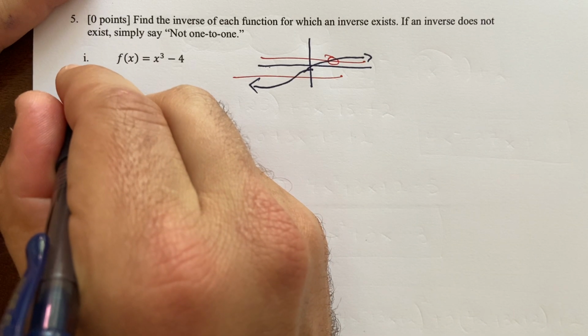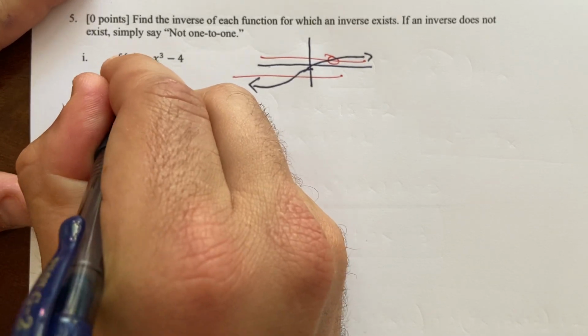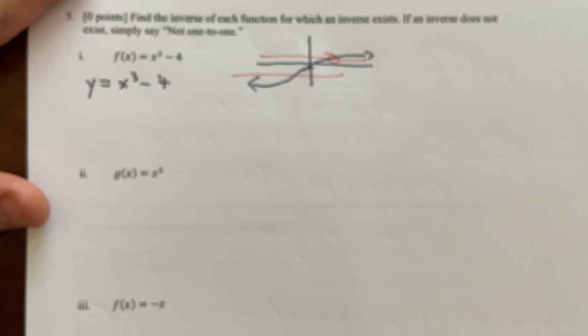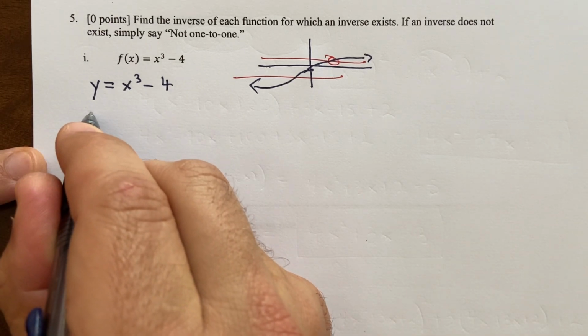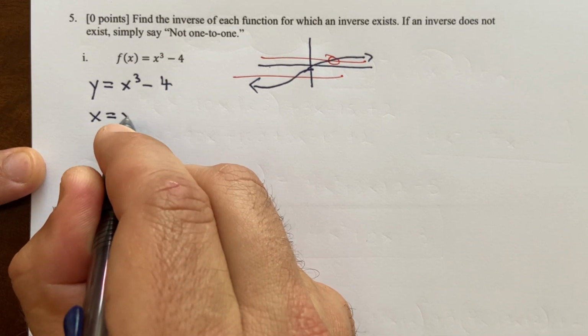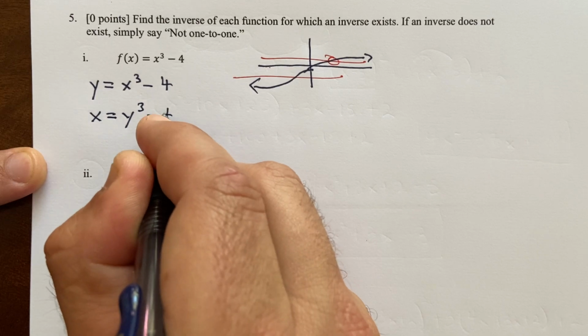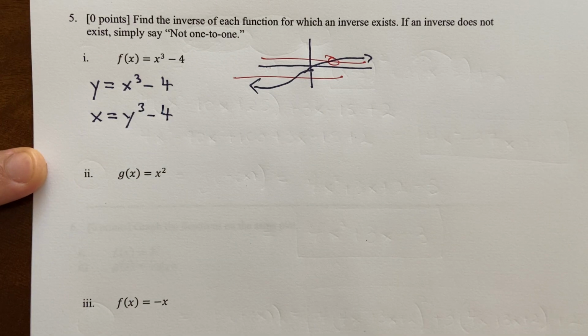So what I'll do is write y equals x cubed minus 4. That's step 1. Then we switch x and y, just literally as they sit. And now I want to solve for y.